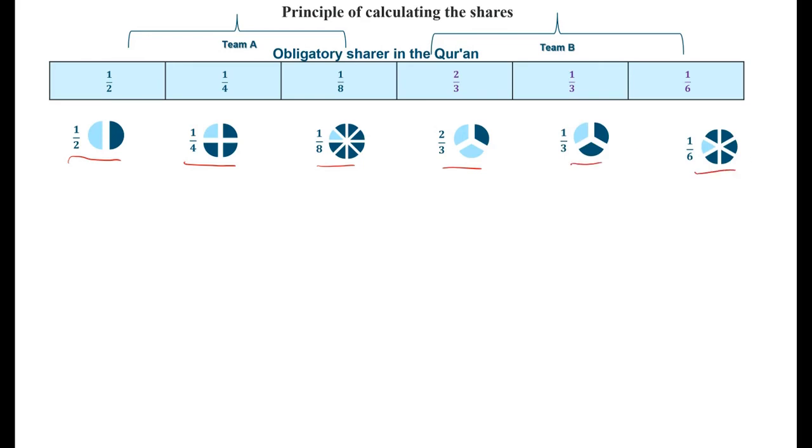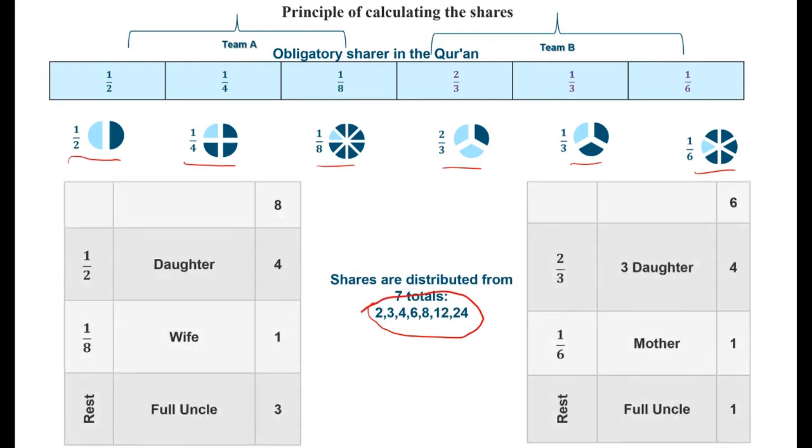These are the obligatory shares in the Quran. So in order to calculate the total cases of each share, we need these fractions. So the total shares are distributed from these 7 cases. We have 7 in total. So the asl al-mas'ala can be from 2, 3, 4, 6, 8, 12, and 24.